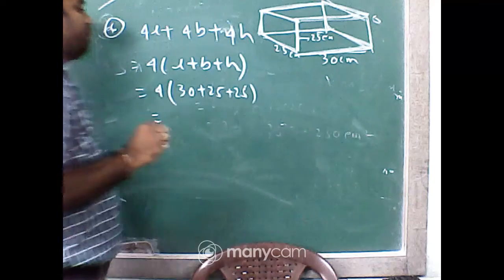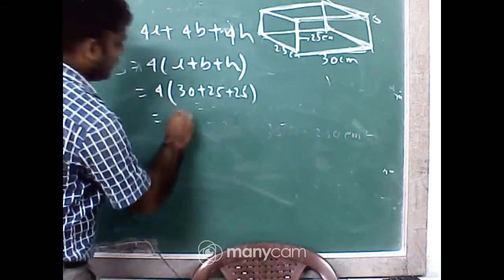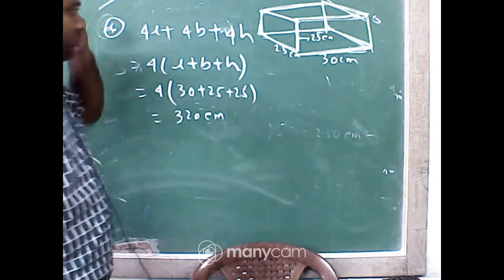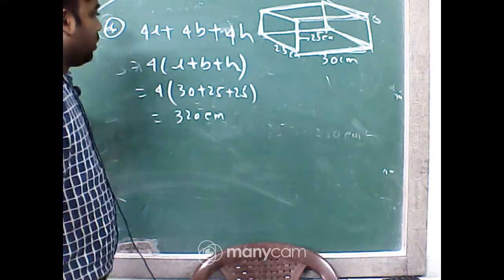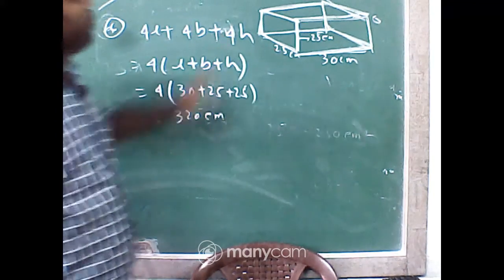So 25 plus 25 is 50, 50 plus 30 is 80, 80 into 4 is 320. 320 centimeter tape is needed to wrap this, to make this container.